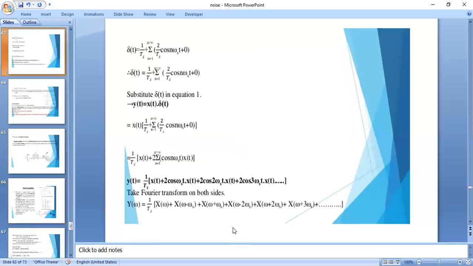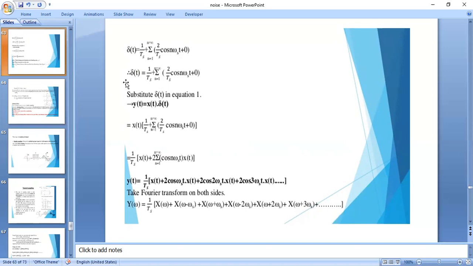If you substitute these coefficients in delta of t, you will get delta of t is 1 by ts plus summation n is equal to 1 to infinity, 2 by ts into cos n omega s t. N varies from 1 to infinity.